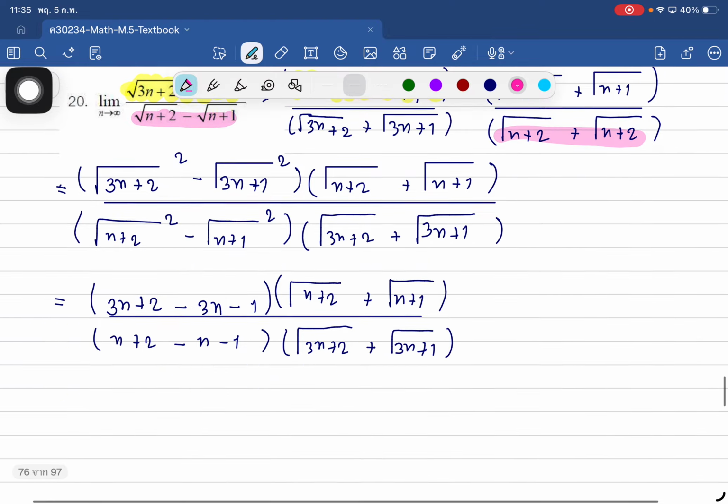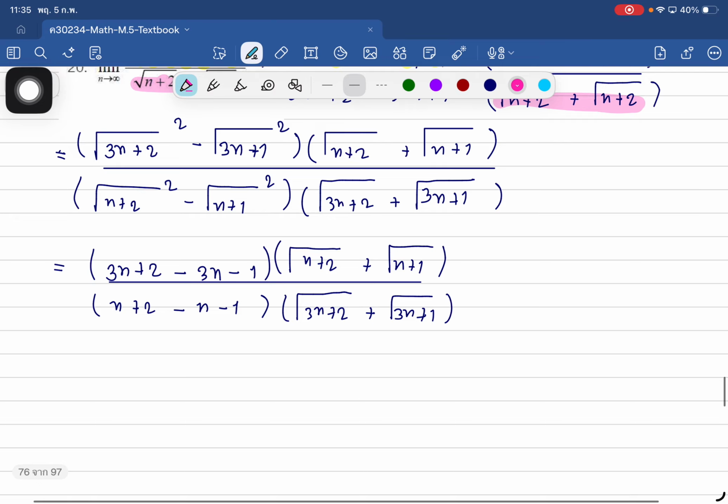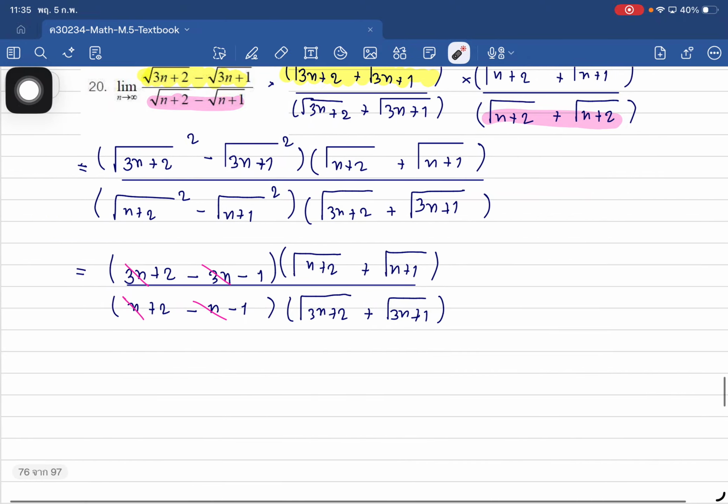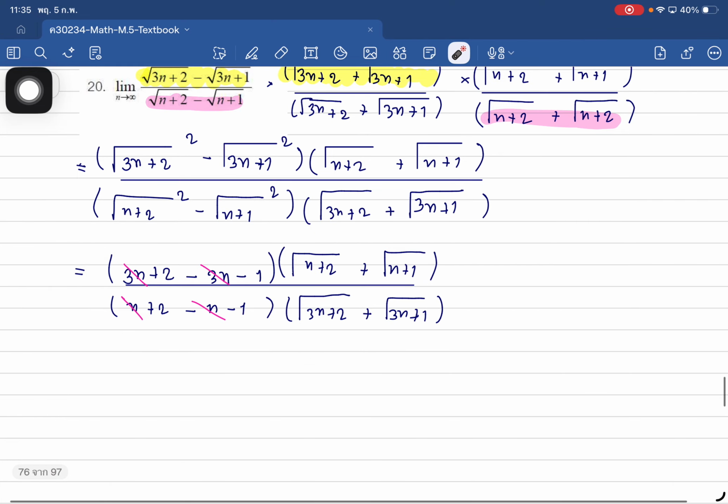Okay? For example, like this question. 4, 2, 1, 1 over 2, 1 over 4, and so on. You find the common ratio. The way we find the common ratio, you take the second term divided by the first term, or else the third term divided by the second term. Okay, I will do the third term divided by the second term, and I have 1 over 2, right?